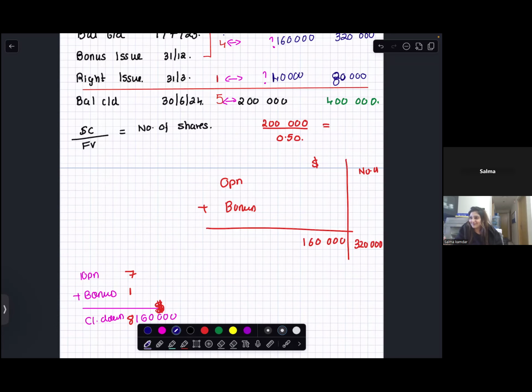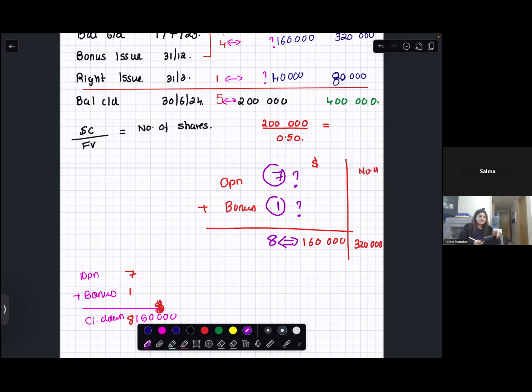I give one ordinary share for every 7 held. So the total becomes 8, which is opening plus bonus. This 8 represents 160,000. So how much would this 1 represent?